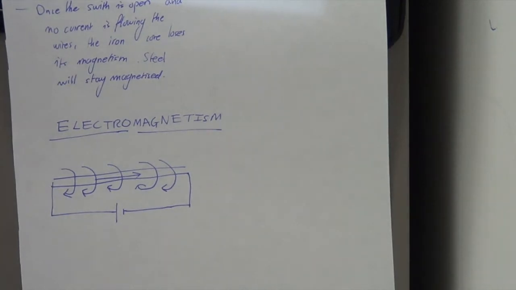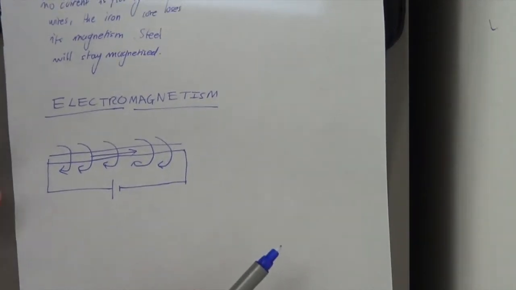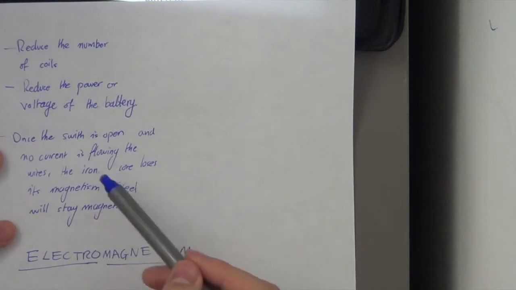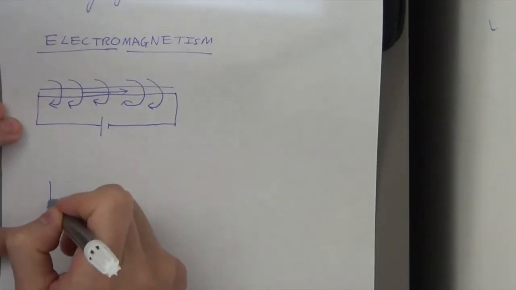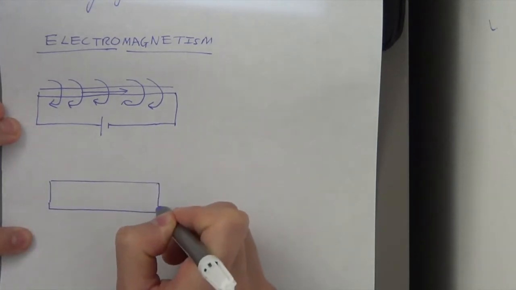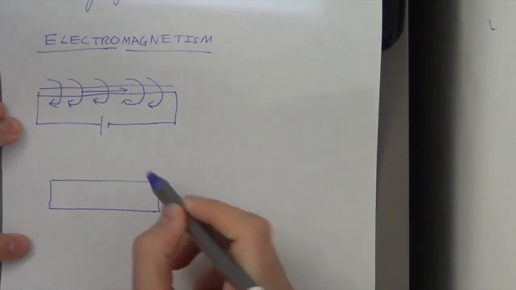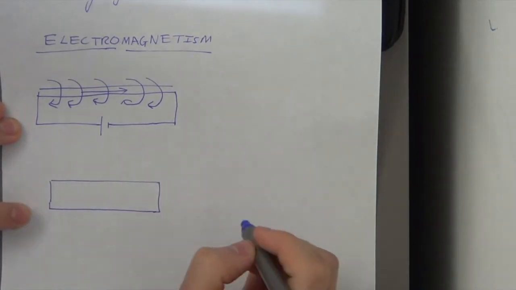Now, the other important thing in electromagnetism is basically how the first question we were talking about electromagnets. So let's say this is our iron core. Let's say we've dug it up from the ground, we've purified it. Here's a slab of iron, we've shaped it into this nice rectangular shape.